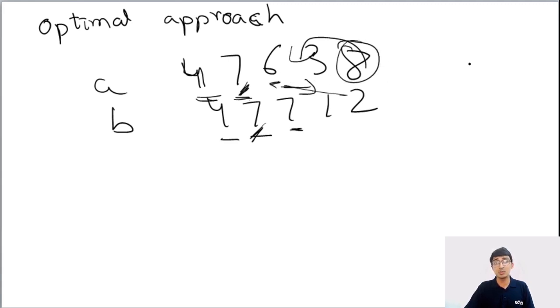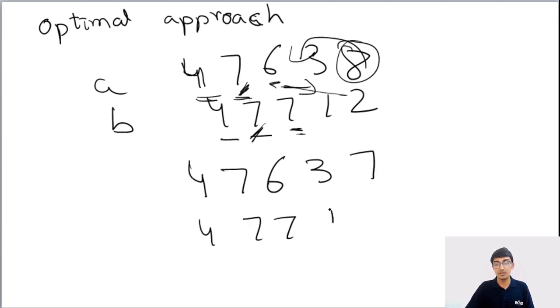But that might not always be the case. Sometimes we can at max just make it equal. For example, let's say we had 47637 and here we have 47712. We would have gone on since 4 and 7 are equal. From 6 we try to take a number, and we can get 7 only.